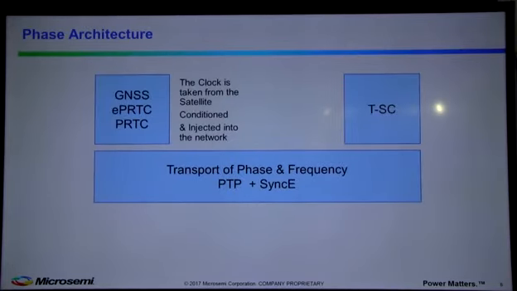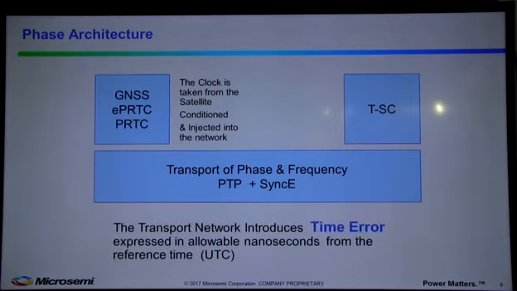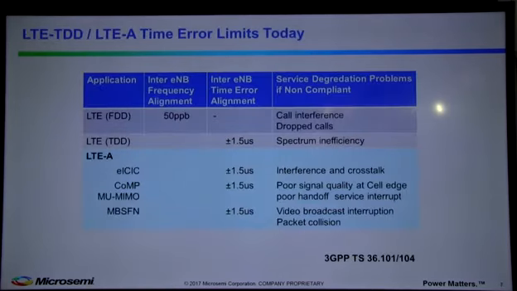You have a conditioned signal taken from a satellite and injected into the network using GNSS and primary time reference clocks. You transport the phase and frequency to the edge of the network, and the network will introduce time error. I was just talking about the time error in the two different environments. The time error is always expressed in nanoseconds from UTC. And then finally the clock will drive the end application. This will be the radio heads at the edge of the network.